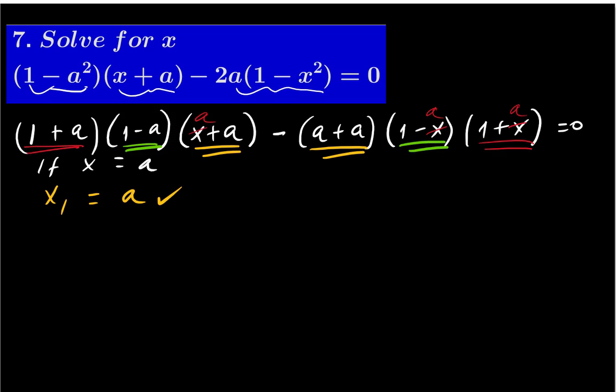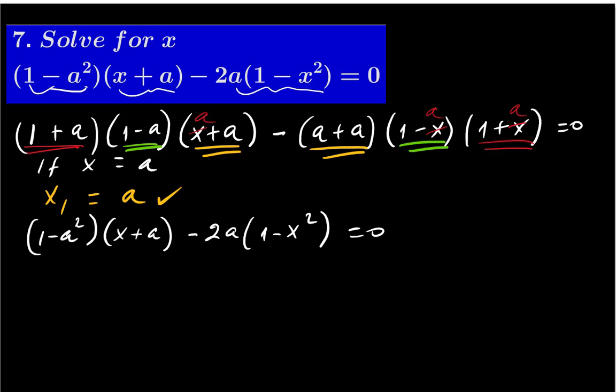Now let's rearrange the original equation to get x squared and x's and the constants. We have (1 minus a squared) times (x plus a) minus 2a times (1 minus x squared) is equal to 0. So let's develop this one.